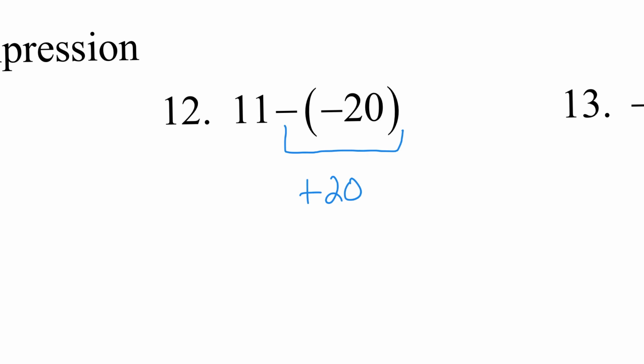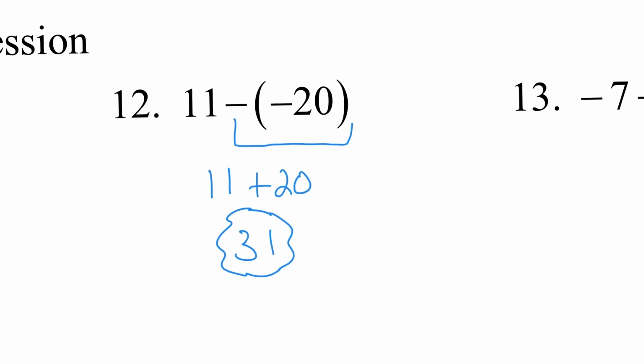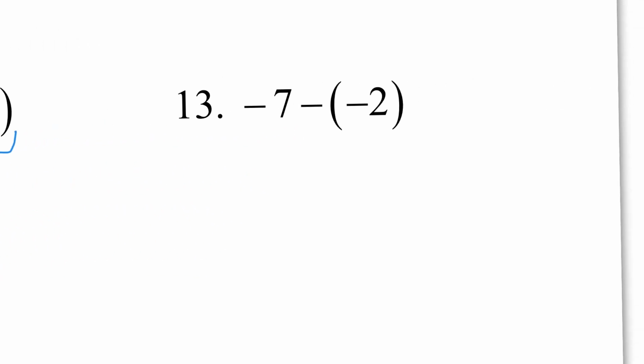That's why some teachers say keep, change. You keep the sign of the first one. So 11 stays the same right there, and you just do the summation. 11 plus 20 is 31. But double negatives is when you change the second number into positive, and you follow the rules of integers, the ones I gave you in class.